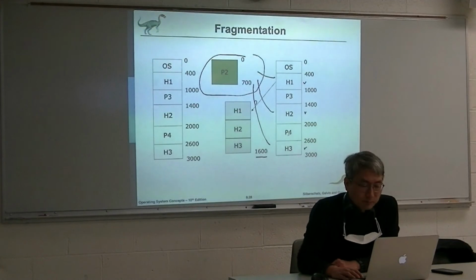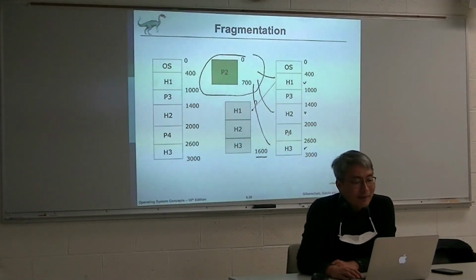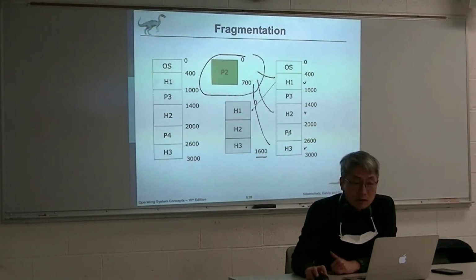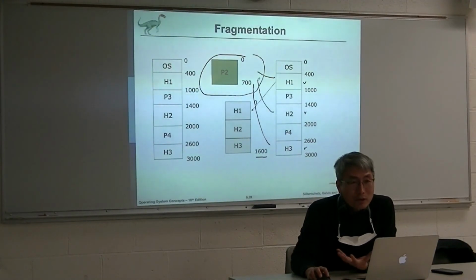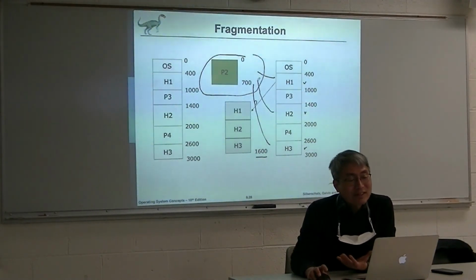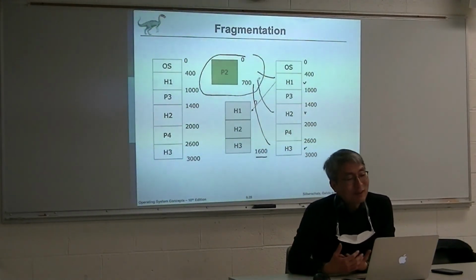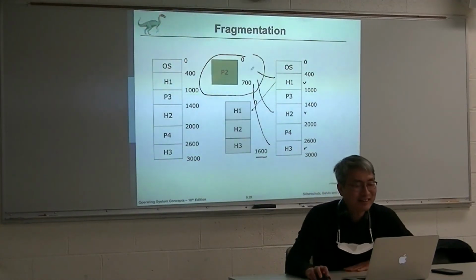Solution? What will be the solution for such fragmentation? Can you separate the process and have it allocated to different holes? Yeah, that may be a way, but the idea of contiguous is that we'd like to keep the chunk as a chunk.